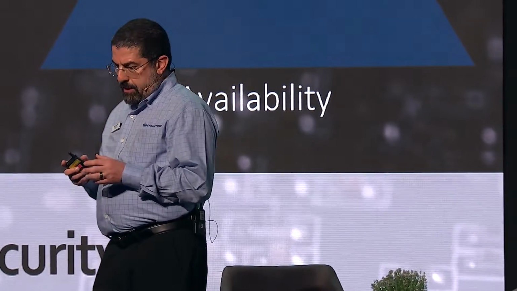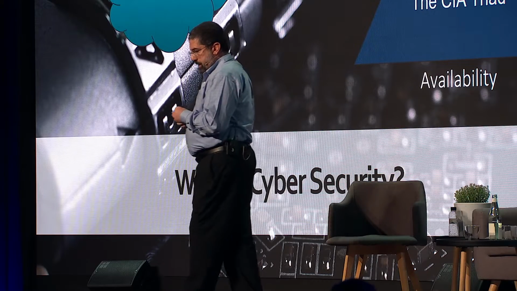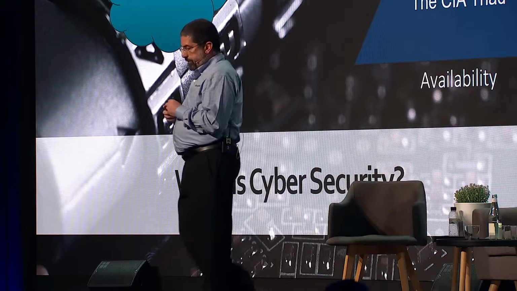So how can information be harmed? Well, it could be exposed to someone we don't want to have access to it. It could be modified so that we can no longer trust it. And it could no longer be available to us. Those three items, when it comes to being exposed, we want to maintain its confidentiality.